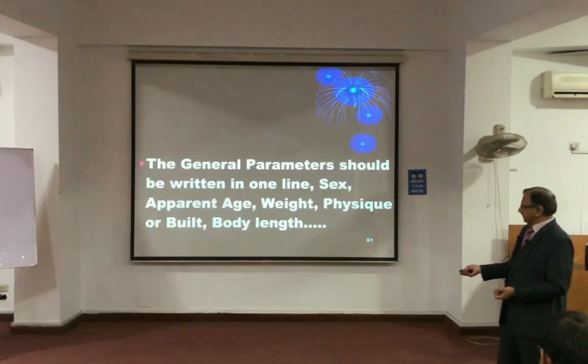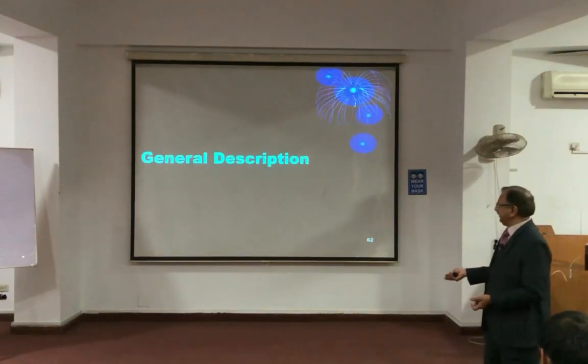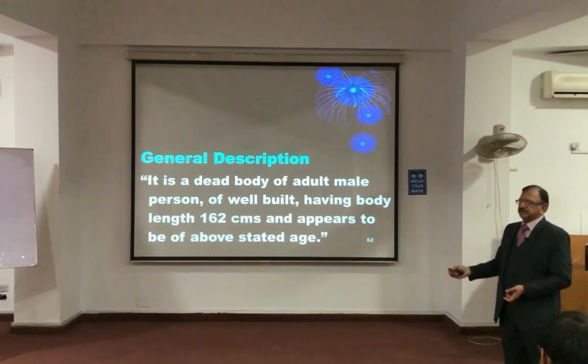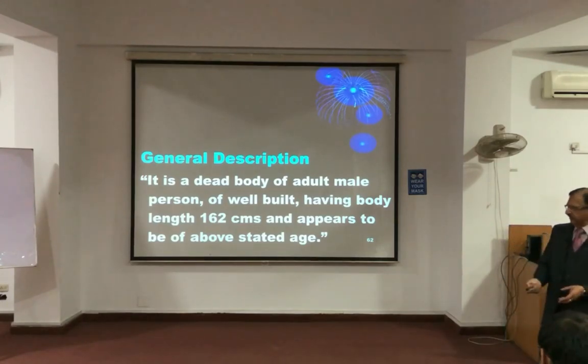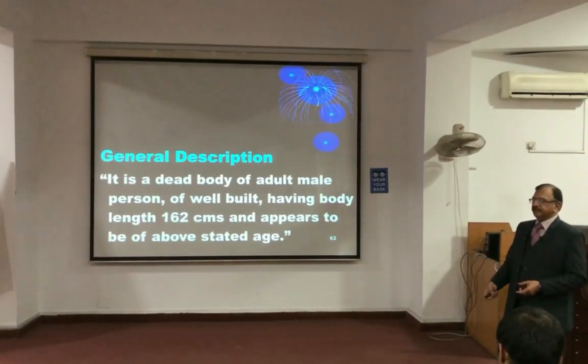So general parameter, general description is age, sex, and in a single sentence, this is the general description which is usually given: a dead body of an adult male, well built, having body length 162 centimeters and appears to be of the above stated age, the age which has been stated by the police.